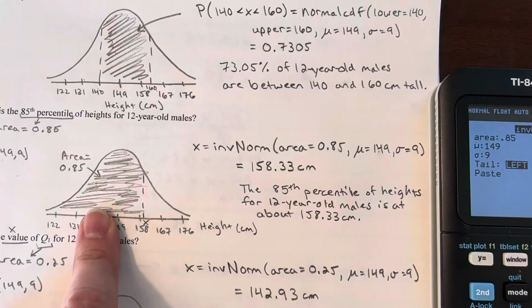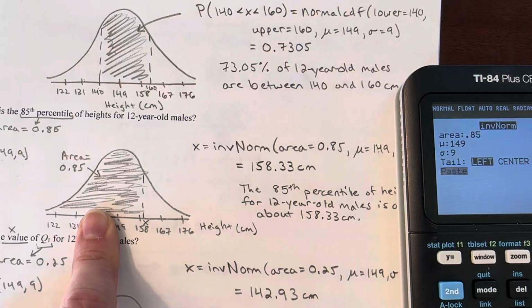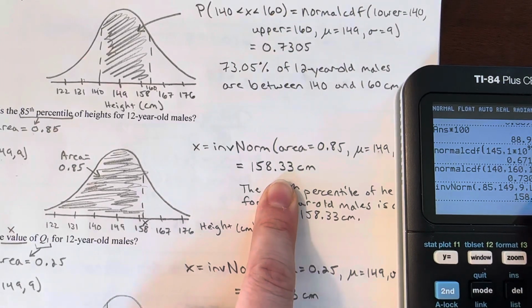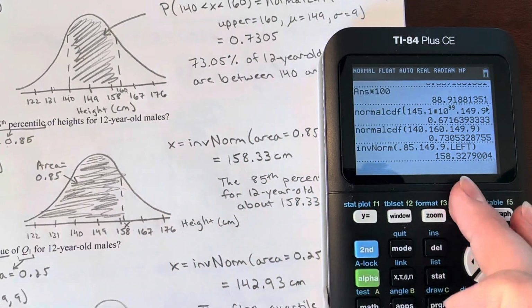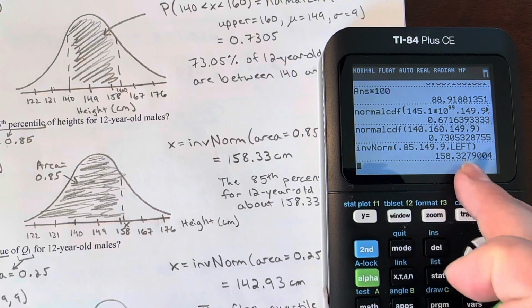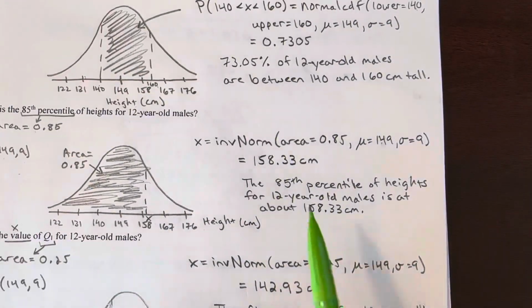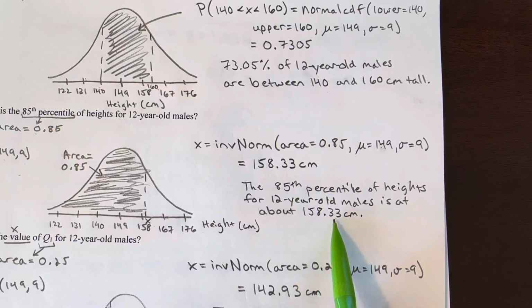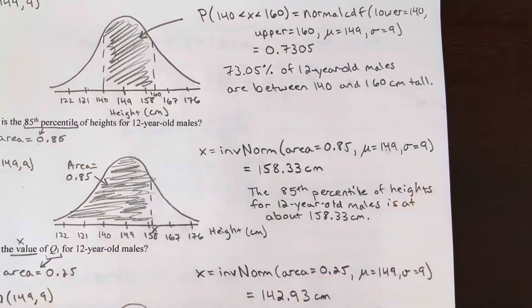This is my left tail, my left area. Paste that in, and I have 158.33. All right, so 158.33. That 7 rounds the 2 up. So the 85th percentile of heights for 12-year-old males is at about 158.33 centimeters.